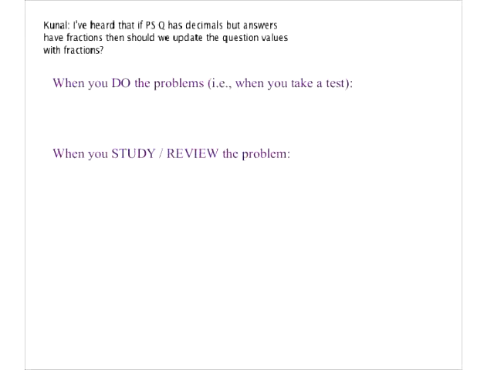Let's see if anybody knows where I'm going to go with this. If anybody has any thoughts about that, text box. Nobody has any thoughts about this at all. Tough crowd.